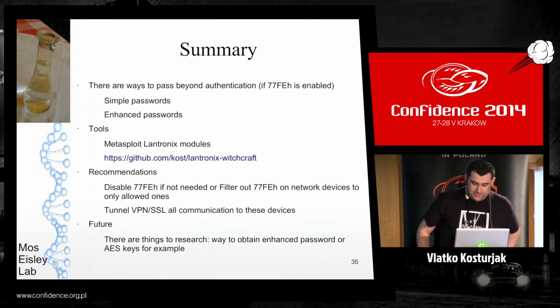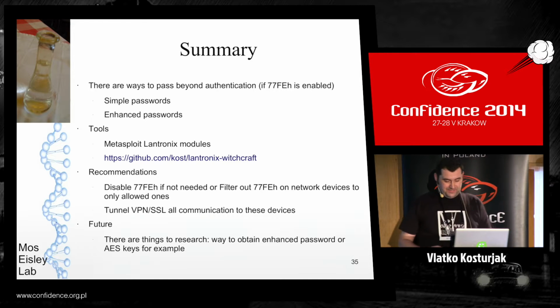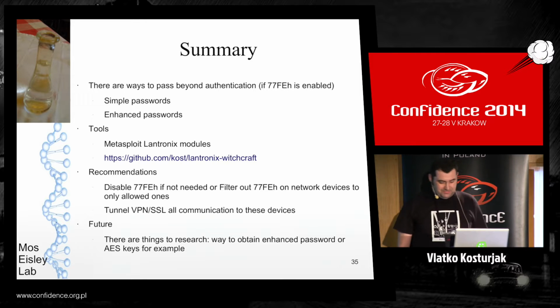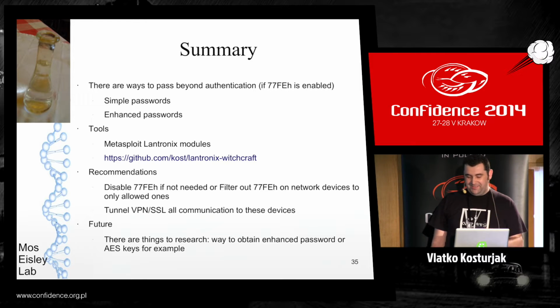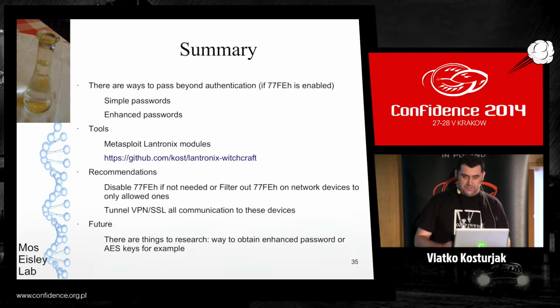So in short, for the future, I think I really just touched the tip of the iceberg. There are really things to research, and I think by looking at the protocol and documenting it, I've made some starting points for deeper investigation. Because there probably is a way to obtain some enhanced password or AES keys directly and so on.